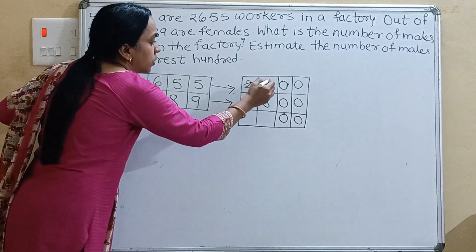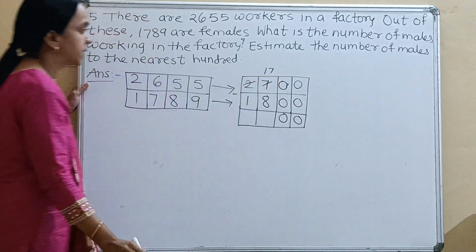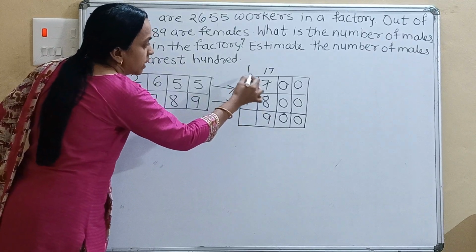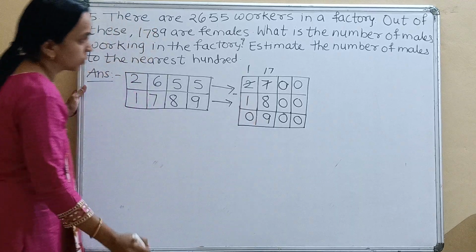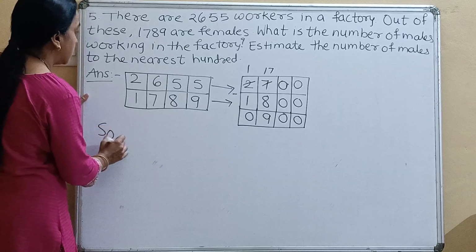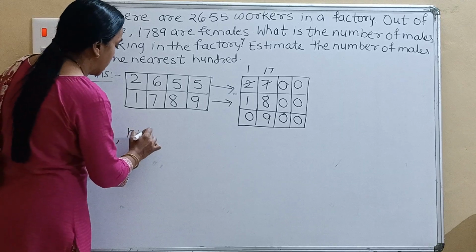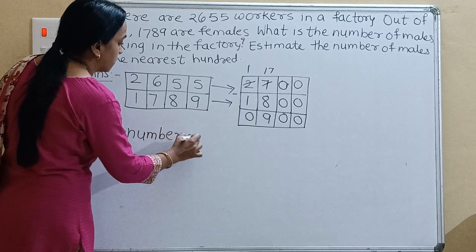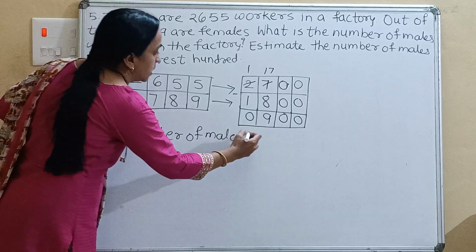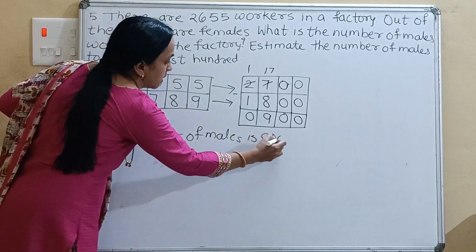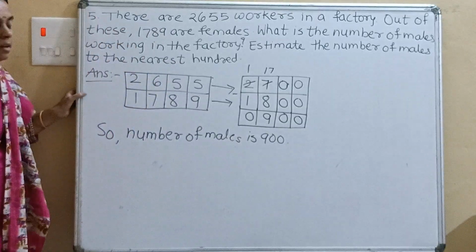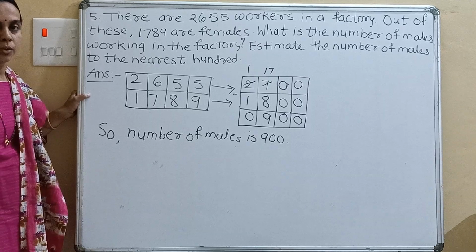No. So take 1 from these two and write down here 70. 70 minus 8, how much? 9. 2 minus 1, 1. 1 minus 1, 0. So what is our answer? 900. Okay, so we can write, number of males is 900. Okay, so this complete exercise 4.10 you have to write down in your notebook.